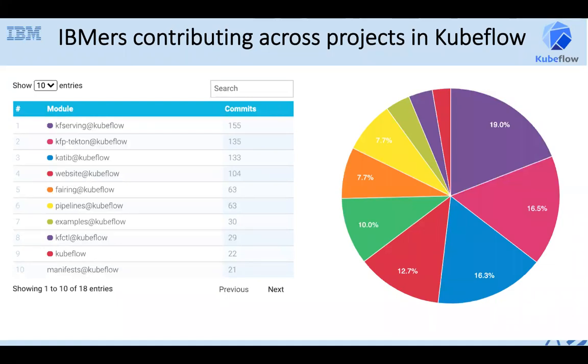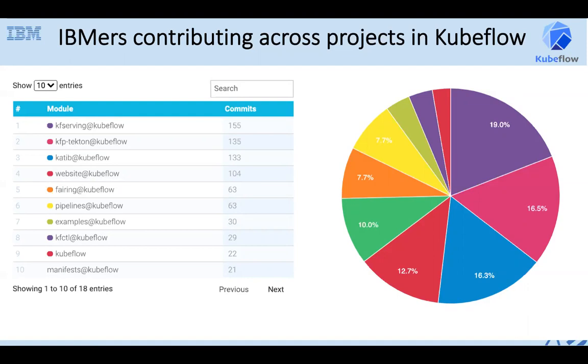As far as we are concerned, we are spreading our contributions across, but there have been focus areas where we are strategically more inclined towards. Model serving, model inferencing is one space where we have a strong interest, so we contribute heavily there.